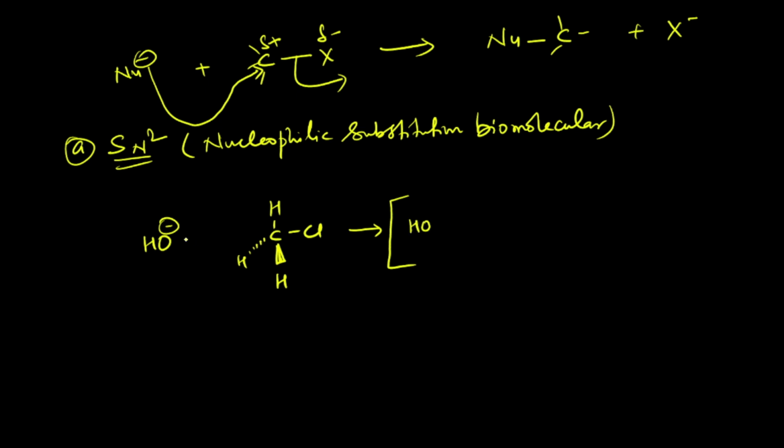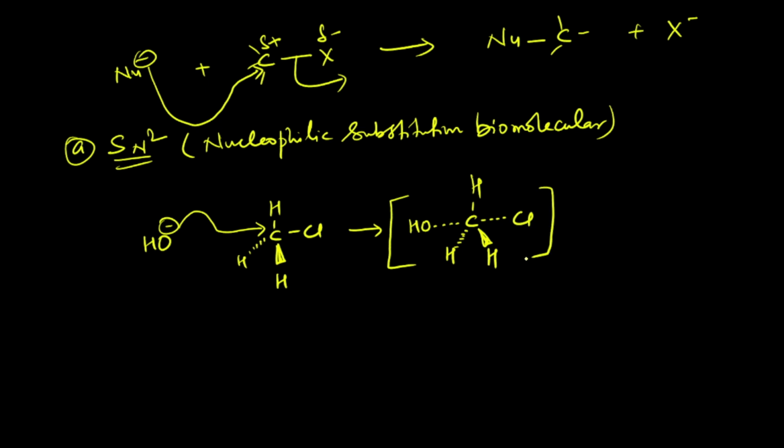It will attack over here, and I am just drawing the dotted line. Okay, this is not a solid bond. So here one hydrogen, then this is your hydrogen, and here one more hydrogen, and this also I will draw with a dotted line. Okay, chlorine.